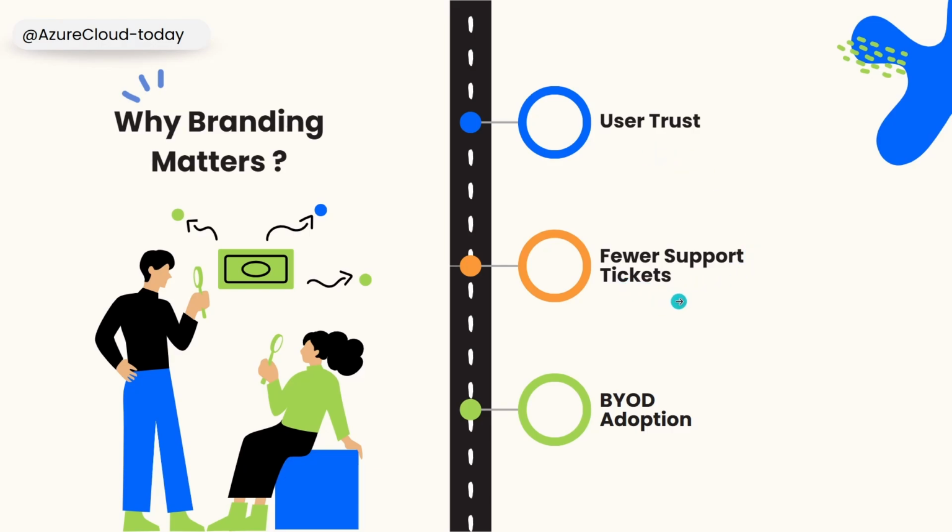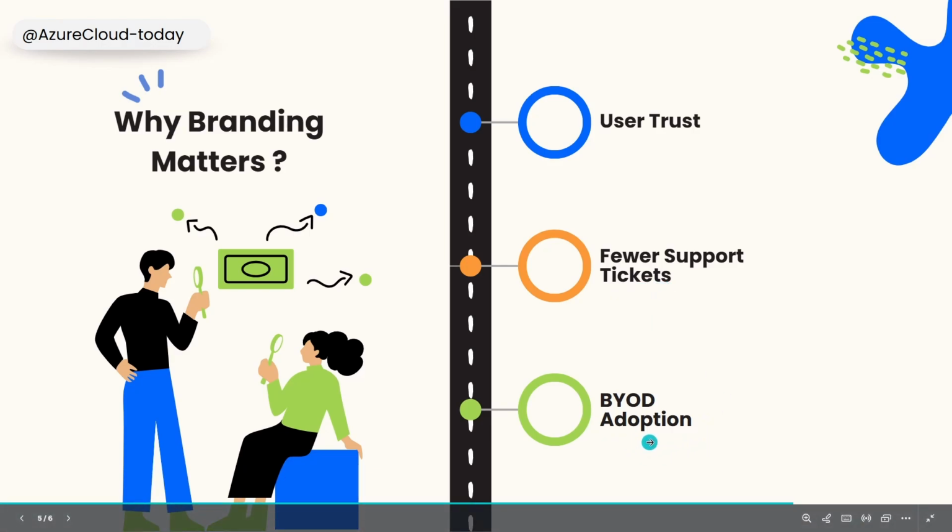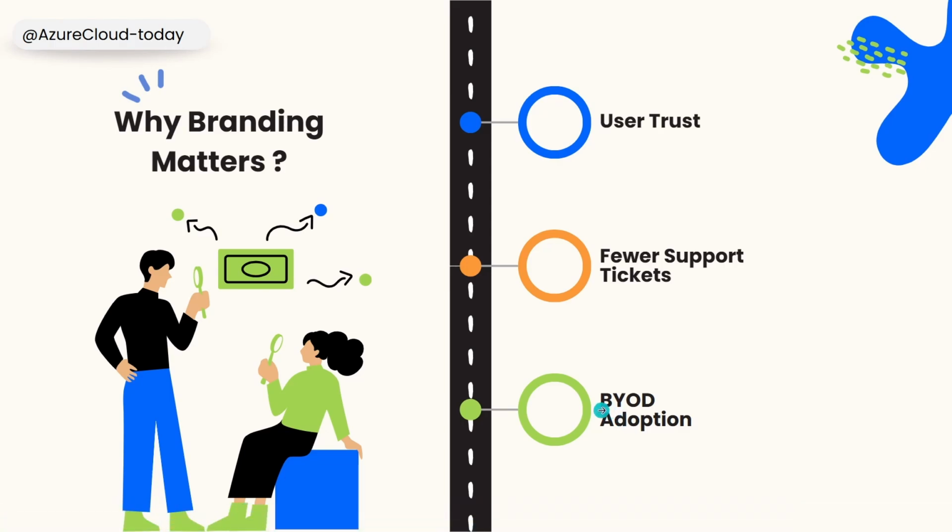Second is fewer support tickets. When your help desk name, phone number, and email are all present in the company portal, then the user knows exactly who to contact. So, no more emails to the wrong team. Third is BYOD adoption, which stands for bring your own device.